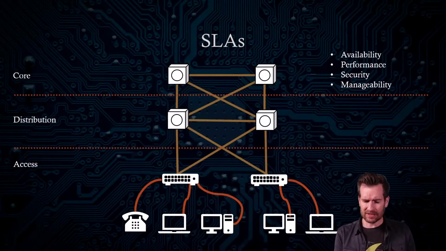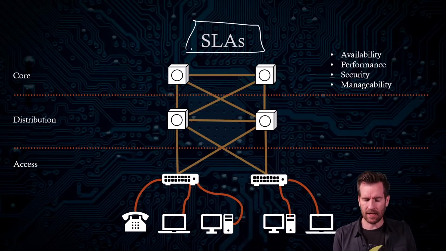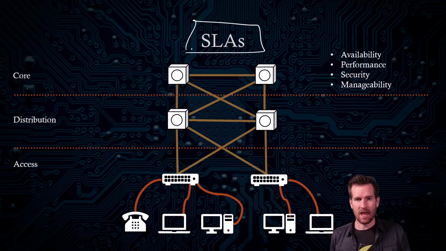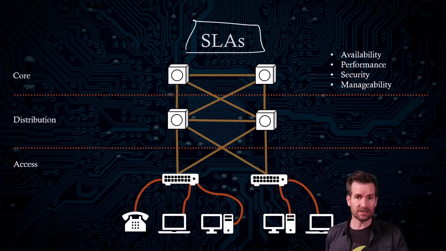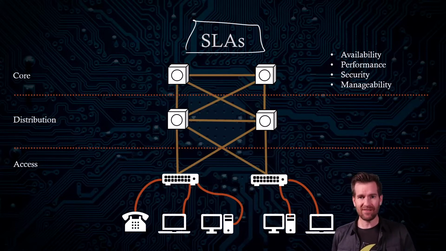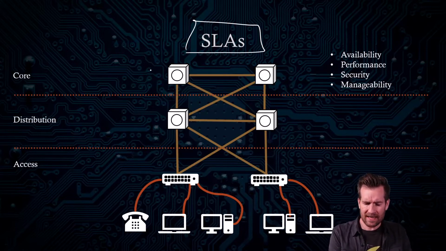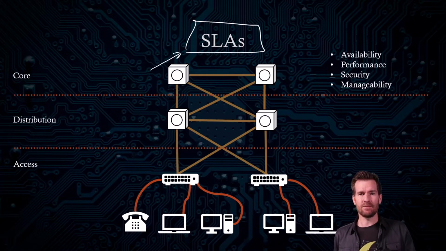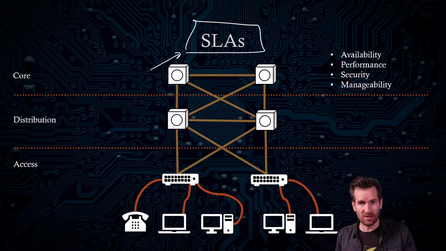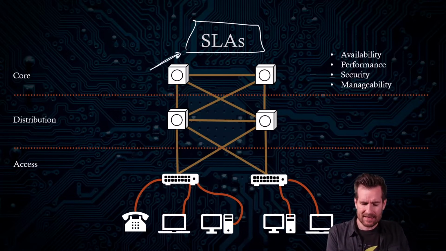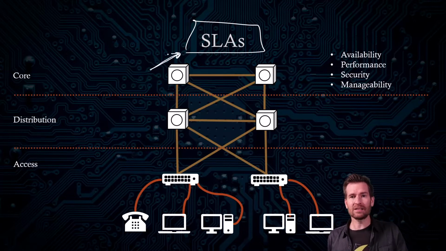There is also something called service level agreements, or SLAs. SLAs are between somebody who's delivering a service and somebody who's receiving that service. You can find the SLAs in possibly a contract or a terms of service. It's an agreement on what level of service somebody's going to get.